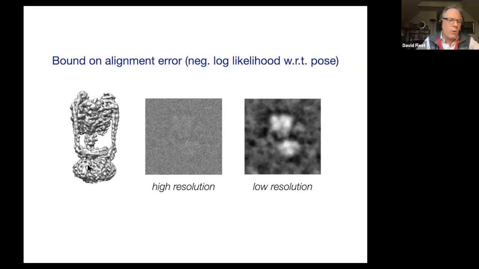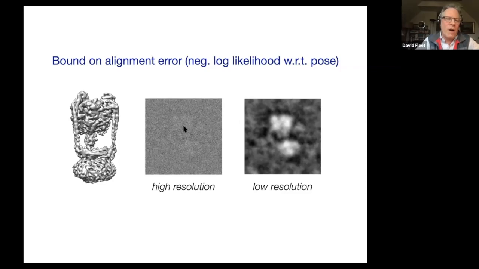This particle, by the way, is an ATPase. It's an enzyme associated with energy production in living cells, and it's a membrane protein. So with this protein, you can already see that it's oriented like this. That gives you a really good constraint on the orientation by ignoring the high resolution structure.